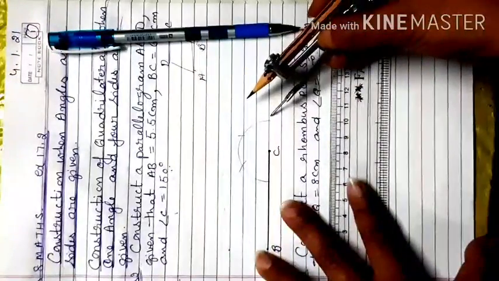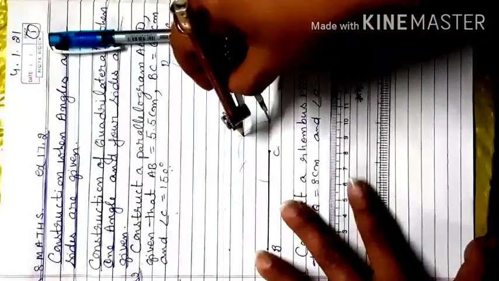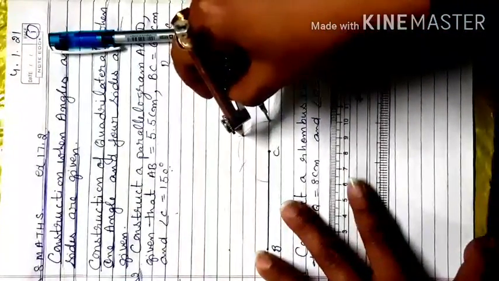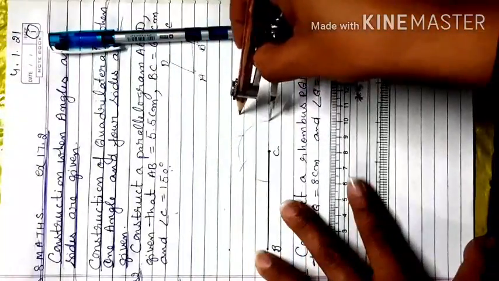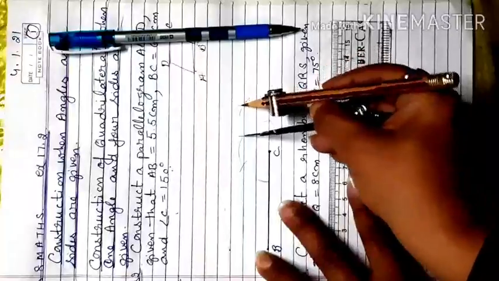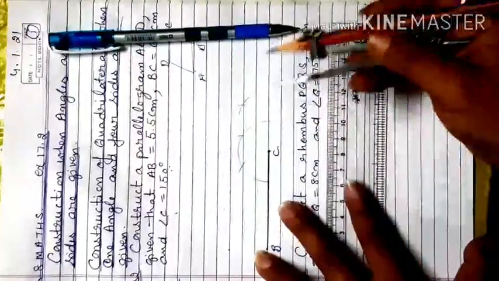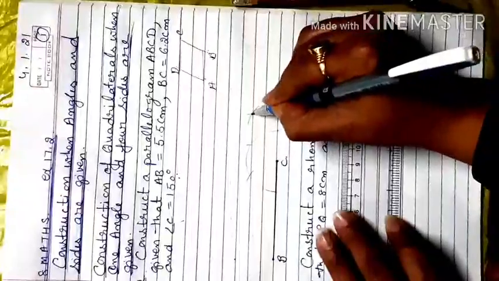So I will bisect this and this. Bisect means you have to divide the angle between 120 and 180 into two equal parts. You just open the compass, don't move it, and mark the arc this way. Cut the arc on the other side. Now join that. So this is my point.